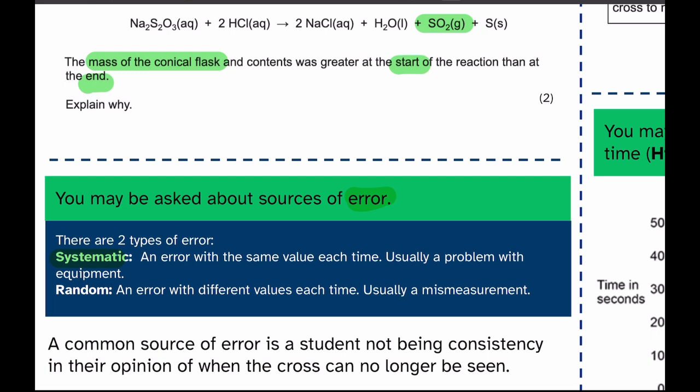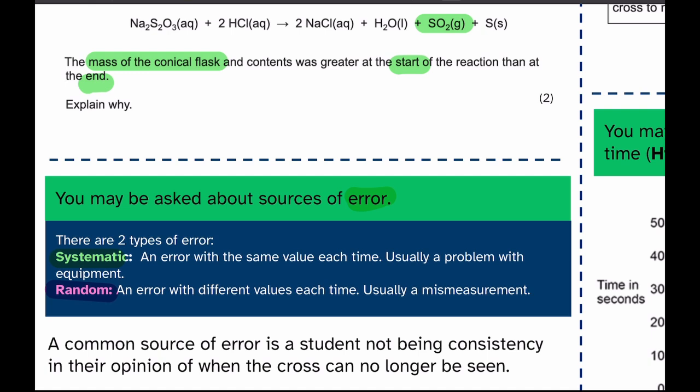The other type of error, and this is the one that's more likely to occur in this experiment, is one that's called random. You cannot say human error, you must say random error. For instance, if the person looking at this each time has a different idea about when the cross disappears, that's going to produce error between results, and therefore it's going to be a random error because it's not going to be the same amount of error each time.